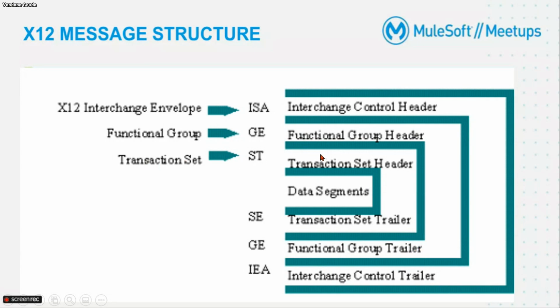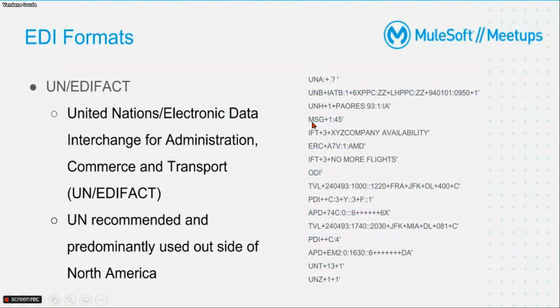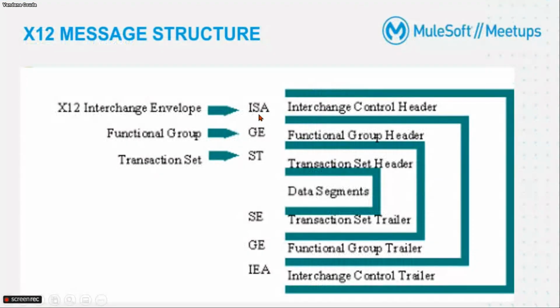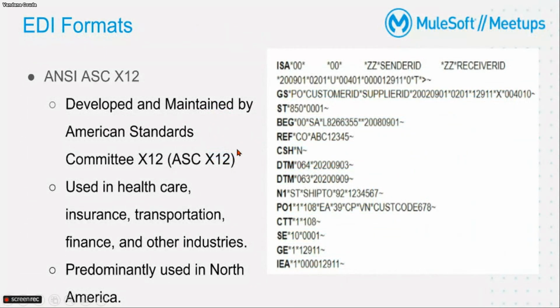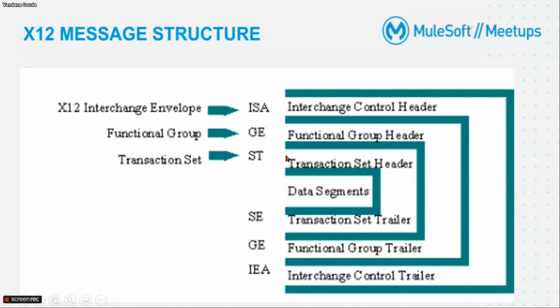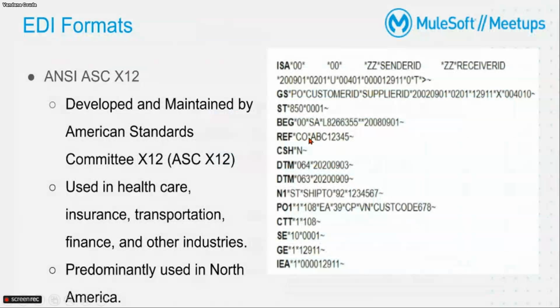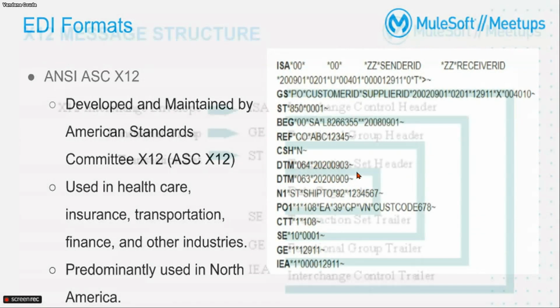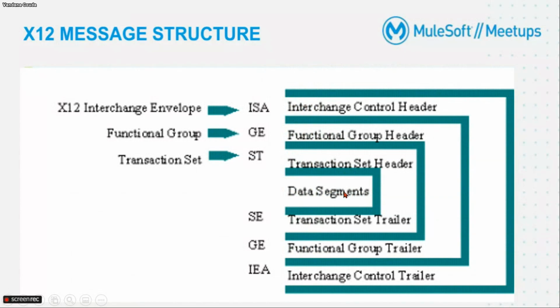After that, we have the transaction set. ST and SE come under the transaction set, and ST is called the transaction set header, and SE the transaction set trailer. Whatever comes under ST is called a data segment.